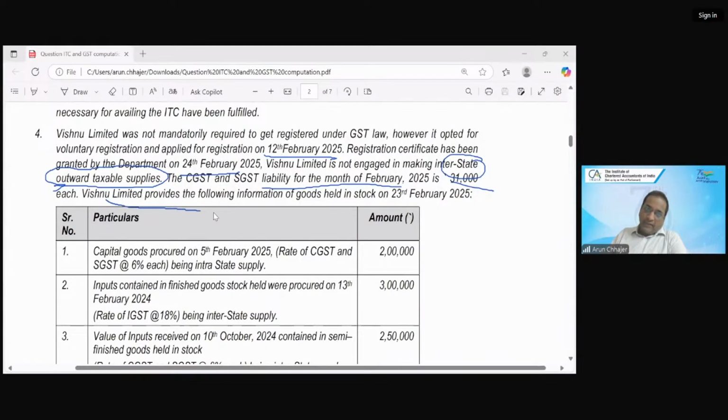Vishnu Limited provides the following information on goods held in stock on 23rd Feb 2025. What is 23rd Feb 2025? When did it get registration? On the 24th. One day before getting the registration, how much goods did it have in hand? Capital goods procured on 5th Feb 2025, 2 lakh rupees. Rate of GST is 6% each, being intrastate supply.